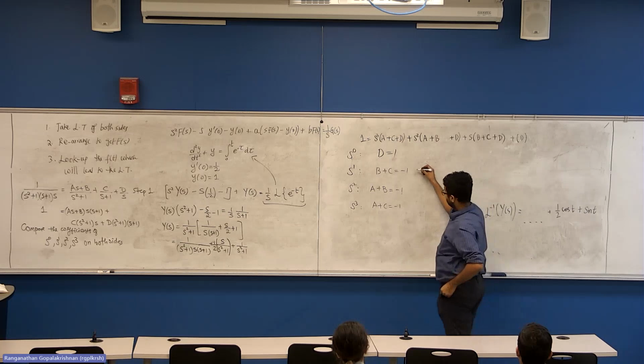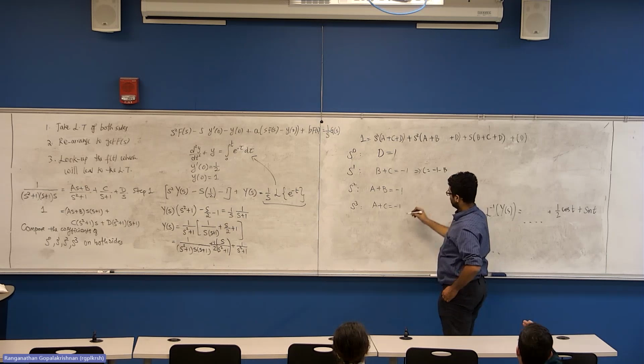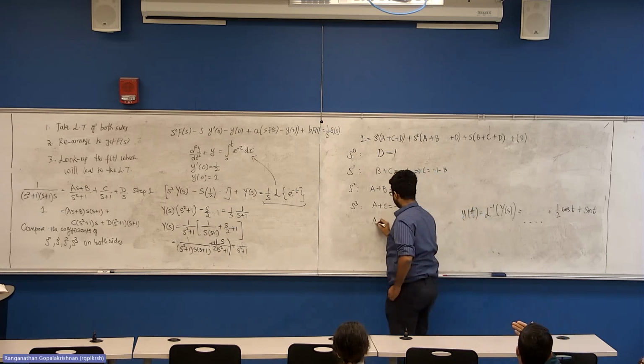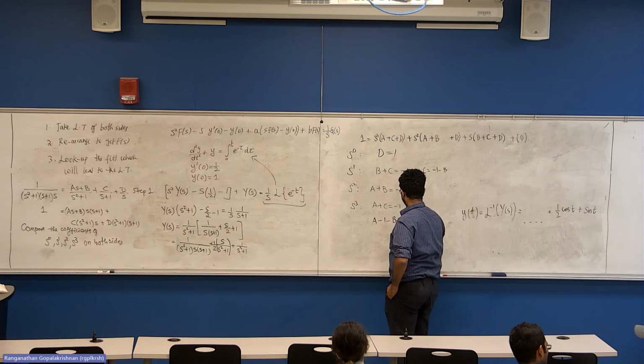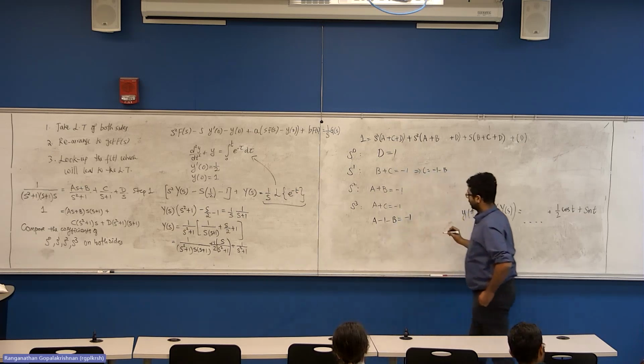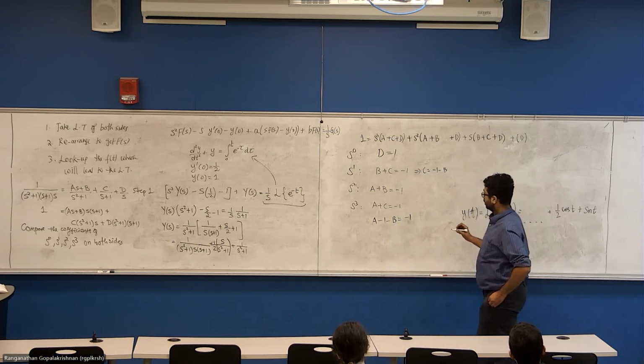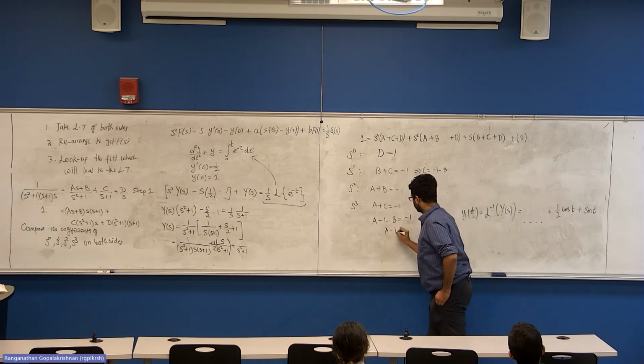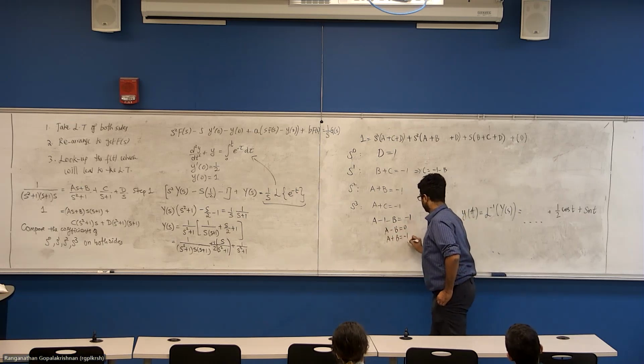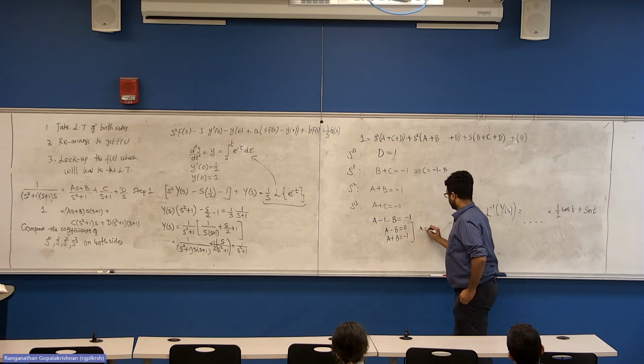So I can write C equal to -1 minus B, and I will have A minus 1 minus B equal to -1. So A minus B equal to 0, A plus B equal to -1, which implies A equal to -half.